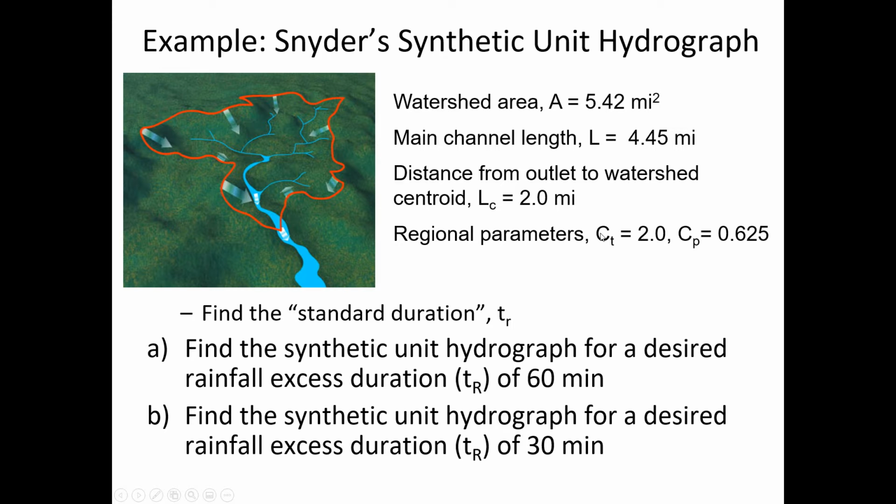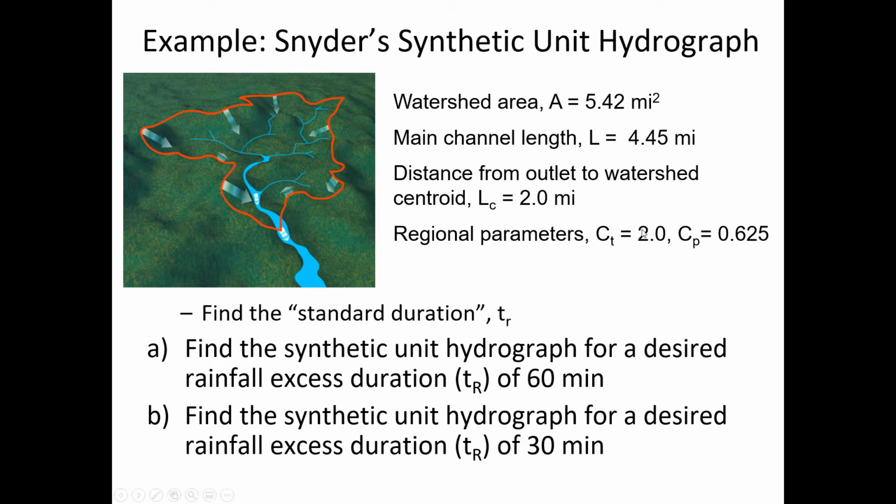And then these regional calibration parameters would come from having studied other watersheds in the same area and having a real calibrated hydrograph. So for our purposes it's given, but it was derived in another location that had similar slope, that had similar topography, vegetation, and so on, experiencing similar storms.